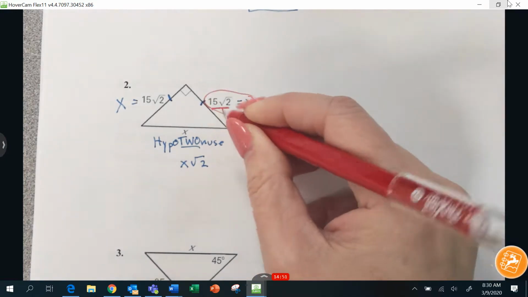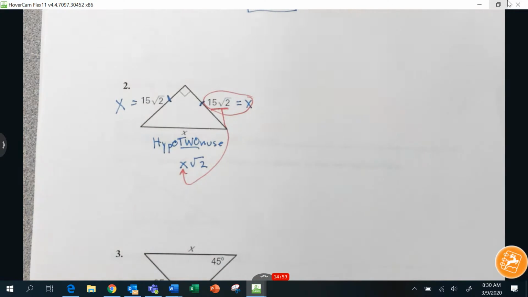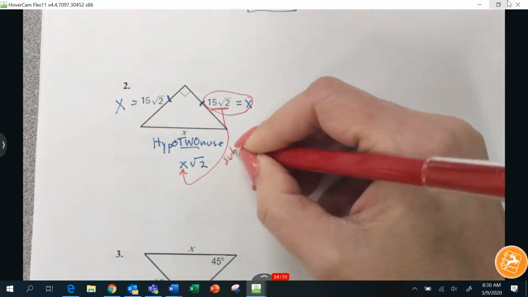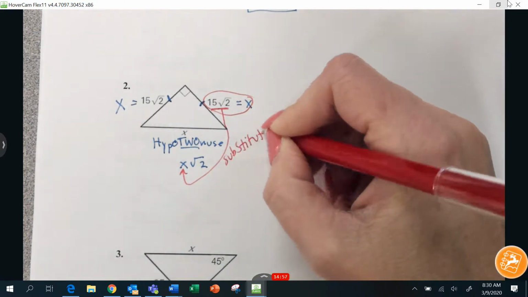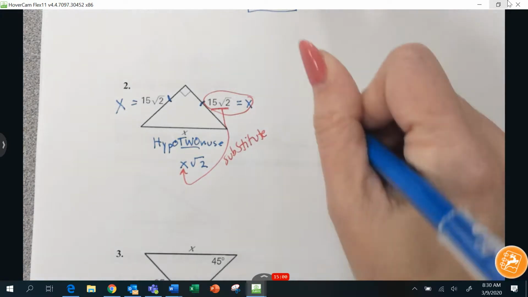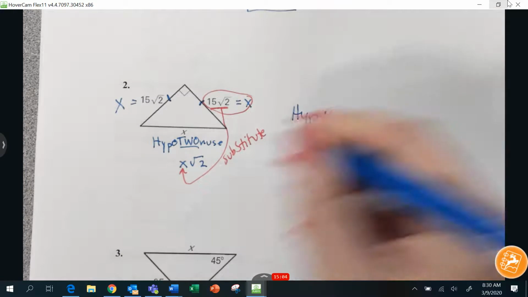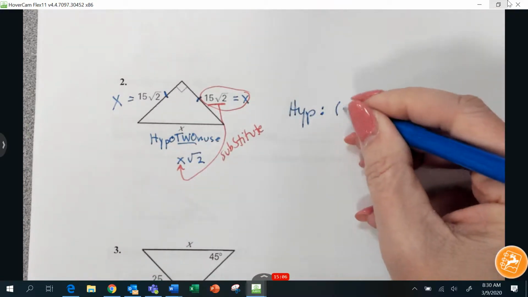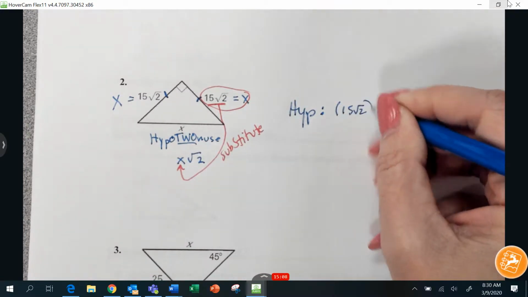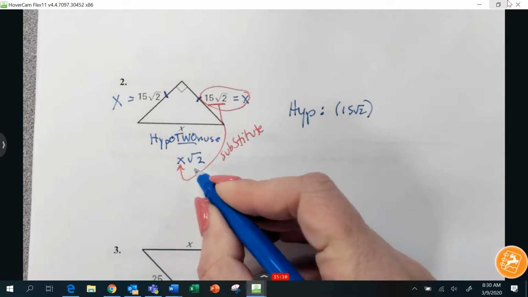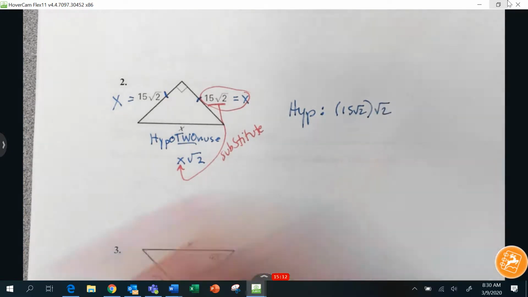So I put that in the x place. I substitute. So in my x spot, I'm going to have 15 square root 2, and then outside of my x spot, I have another square root 2.